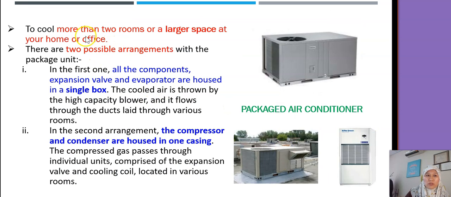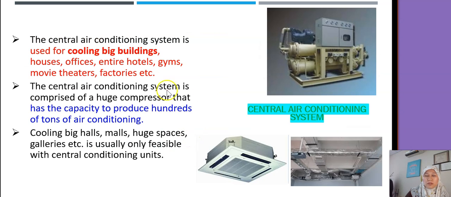And usually if you want to cool a bigger area, you use the package air conditioner like this. So it's for a bigger building, so you have a bigger condenser. And these are the central air conditioning systems, centralized.